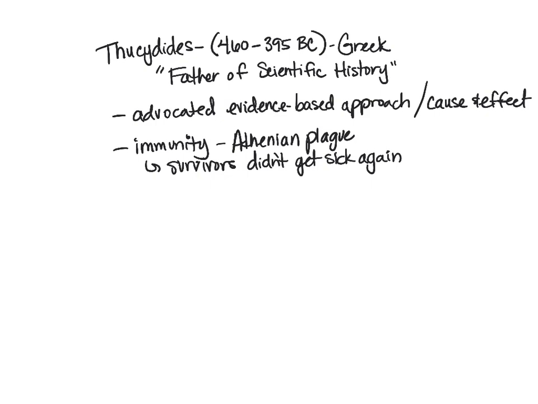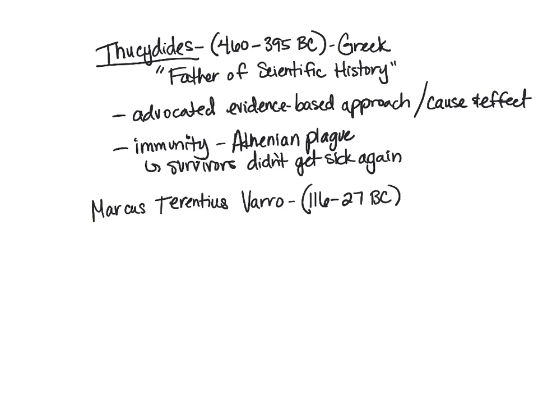So then after Thucydides, we have Marcus Terentius Varro. He was around about 116 to 27 BC, and he was a Roman writer.